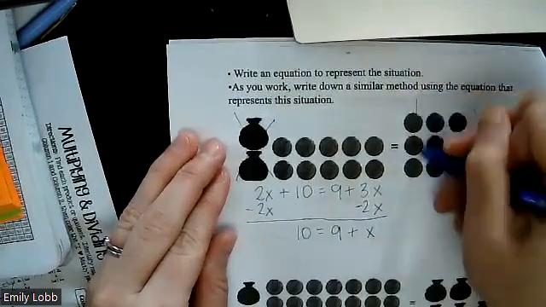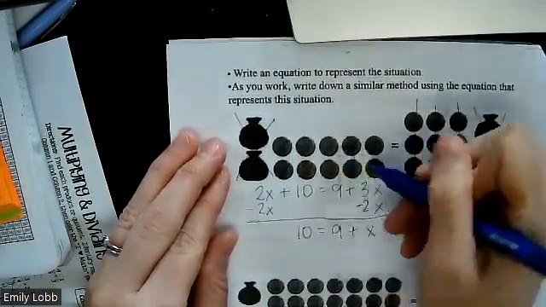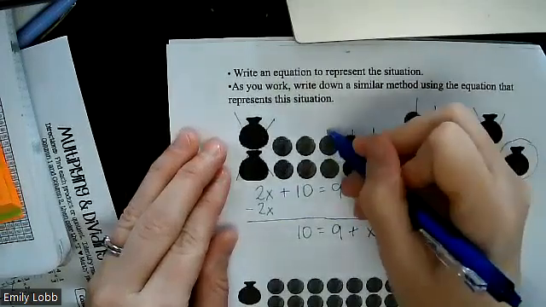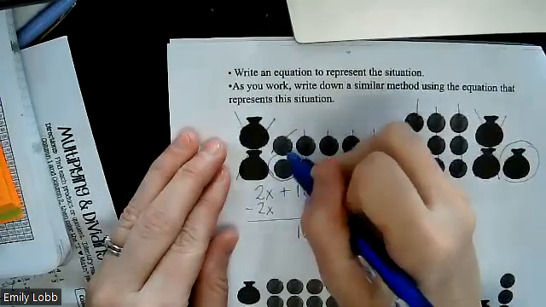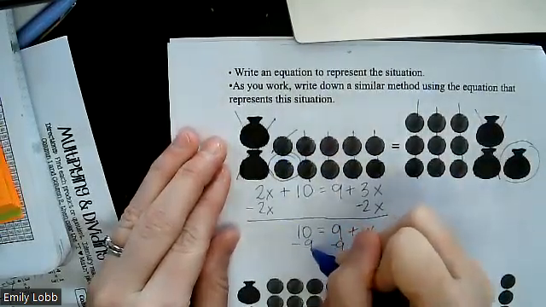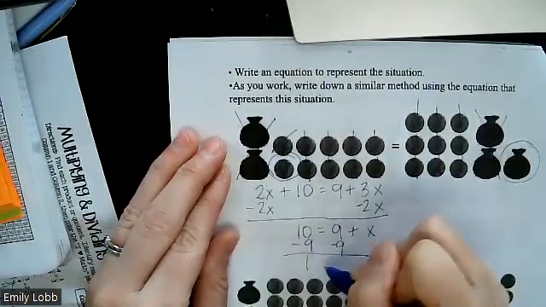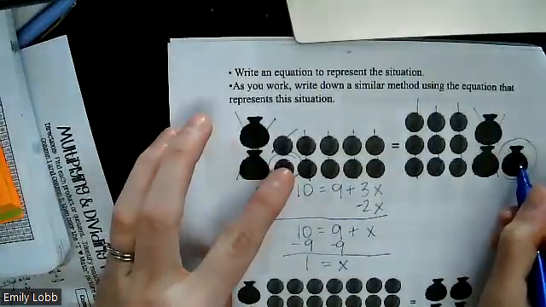So if I take 9 from this side, I also have to take 9 from this side. 2, 4, 6, 8, 9. And I have 1 left over here. So if I subtracted 9 here and subtracted 9 here, I'm left with 1 is equal to x. Right? 1 pouch is equal to 1 coin.